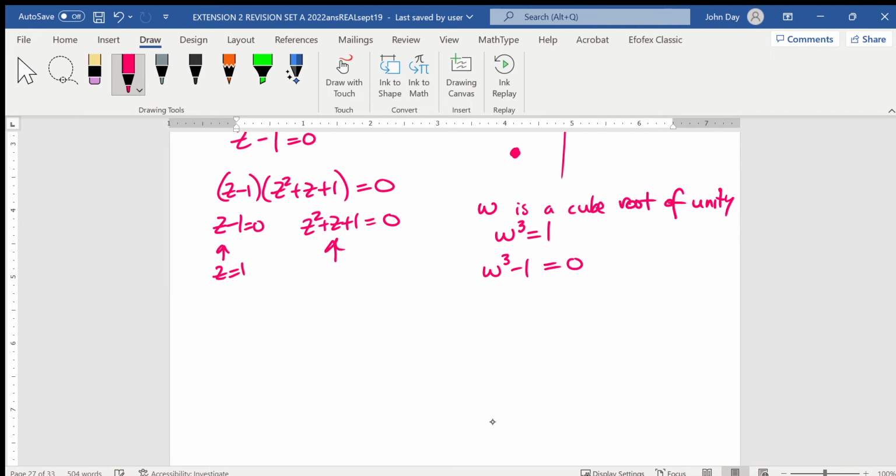So w minus 1 times w squared plus w plus 1 must equal 0. We know that w is not equal to 1 because it is the complex root with the smallest positive argument, so it can't be 1, which has an argument of 0. Therefore, w squared plus w plus 1 equals 0.